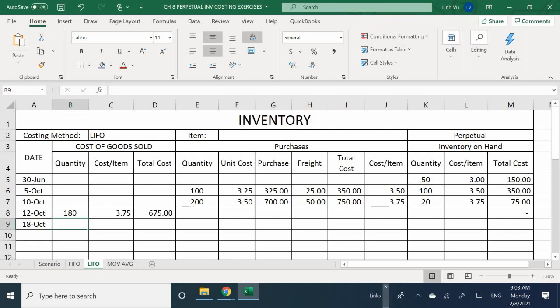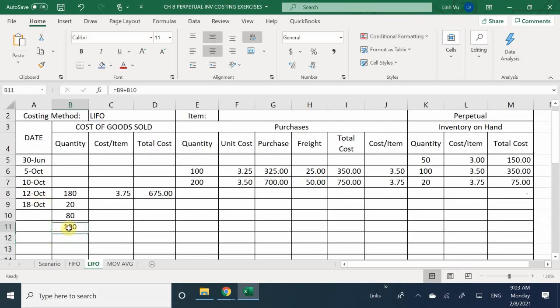Take out all of the 20, and 80 from the 100. Good. So here it's going to be a calculation. We need to gather from two different batches.